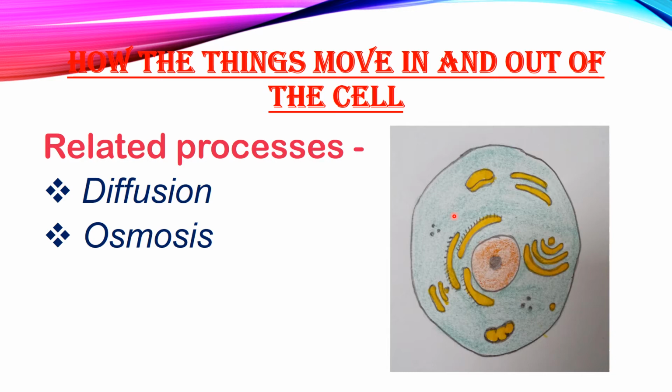Then the water will start moving out of the cell to the outer environment through the semi-permeable membrane, that is the plasma membrane. And if the concentration of water is higher in the outer environment as compared to inside the cell, then the water will move inside the cell, and the process is known as osmosis.